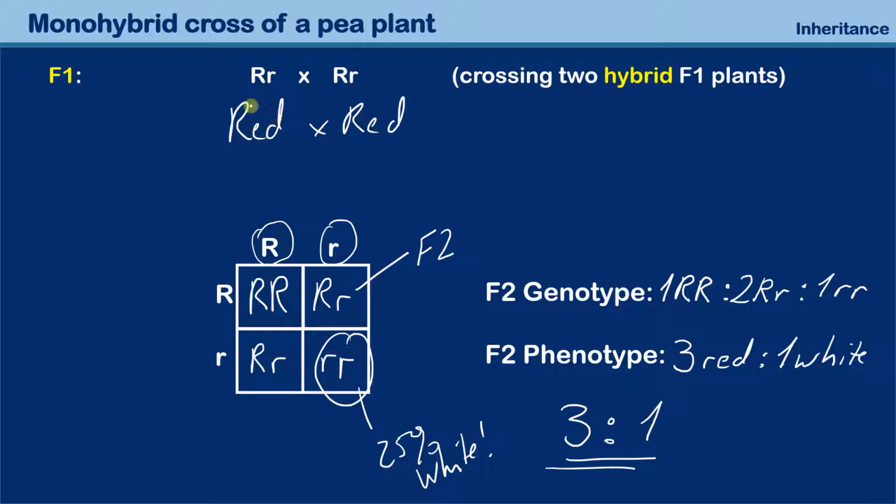Gregor Mendel was able to show that apparently these red plants still carry hidden somewhere the allele for a white flower color, but you cannot see it. And that is the interesting discovery, because many people thought, well, if you see a certain characteristic, then it's going to be inherited. And now I said, well, no, not always. Sometimes you don't see it, and it's still passed on, and it can reappear after a few generations.